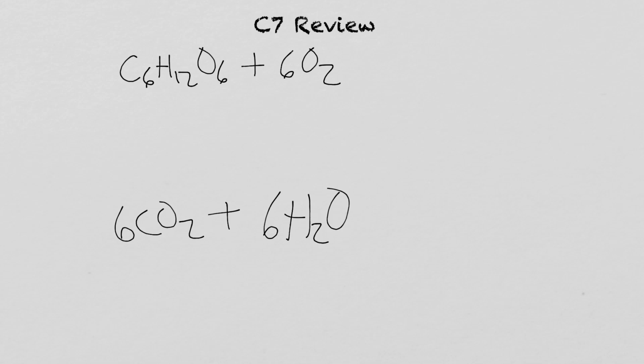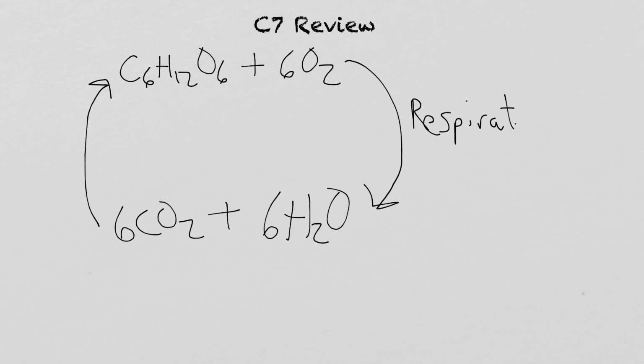Now, you probably saw this on the target quiz, and it's important for you to understand again now: with this, we can have an arrow going this way, and an arrow going this way, because this is a continuous cycle. When the arrow is going from the sugar and oxygen to the carbon dioxide and water, we call that respiration.